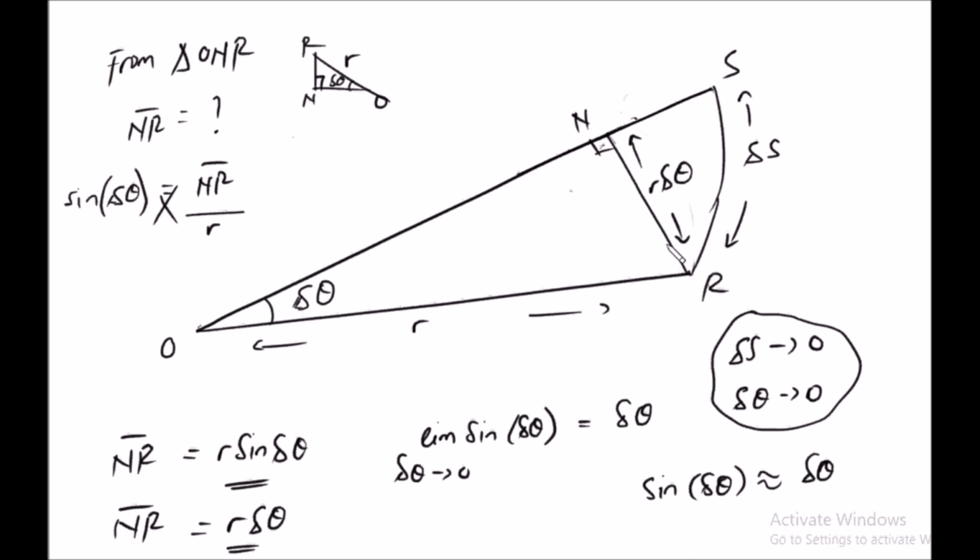There. So OS na yenyewe ni radius vector r. Sasa umeona NS ni kipande cha OS. So anyways, by the way ni muhimu pia kusema kwamba kwa sababu delta theta inaapproach 0, manake OR na OS zitakuwa almost sawa.